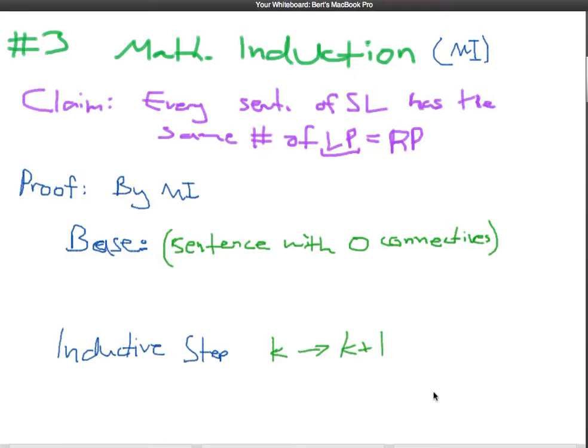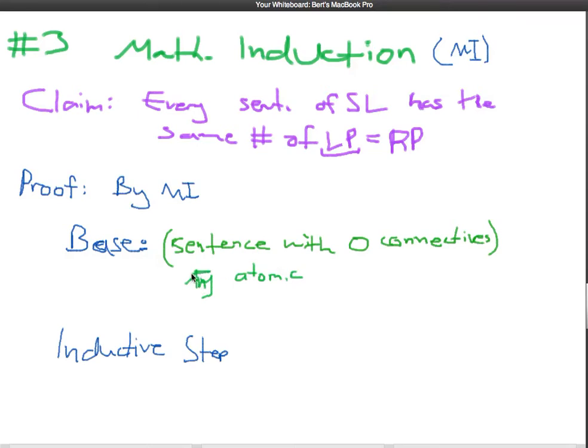And the idea for the base case is that this is almost going to be trivial, so the base case is in many ways the easiest one to do. We'll just point out the fact that any sentence with 0 connectives is going to be atomic.